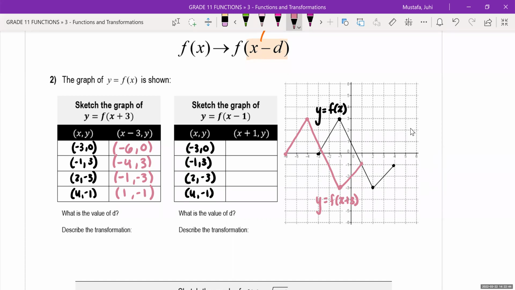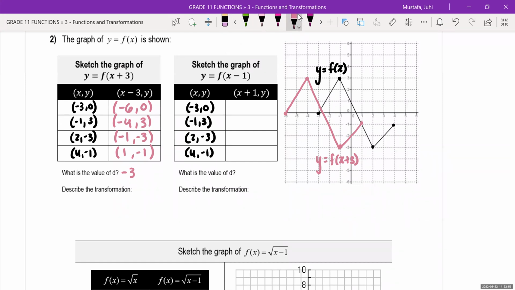When you're trying to figure out what the value of d is, you're actually going to look at the question and take the opposite number. So it's going to be -3. And to describe this, we're going to say it is a horizontal translation three units left.